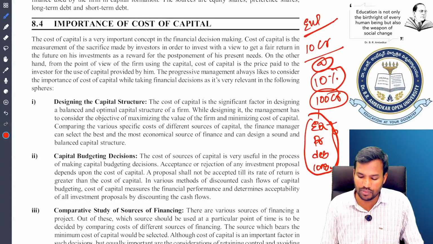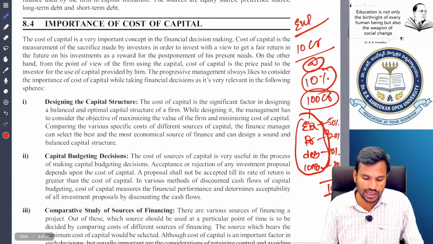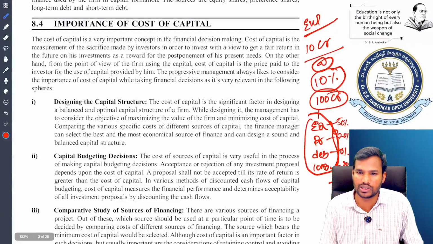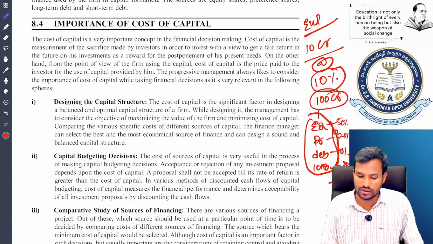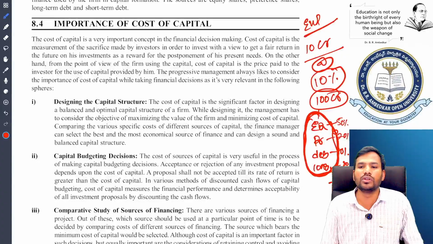Equity giving 50%, preference 20%, debentures 10%, and the remaining long term 20%, meaning total 100%, 100 crores we will collect. We need 100 crores and are designing the structure, deciding from which sources we can procure the amount to do the business.